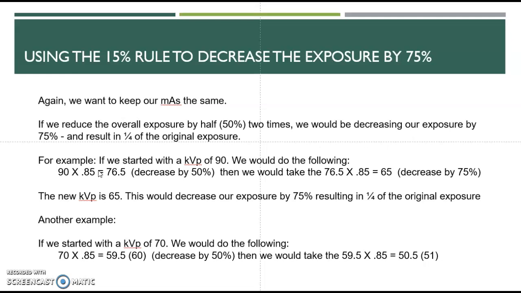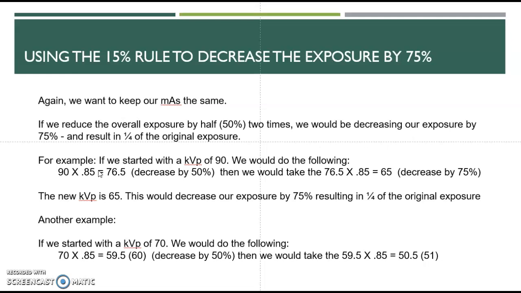We're going to take 90 times 0.85 to come up with a kVp of 76.5. This has decreased our exposure by 50%. Then we're going to take that 76.5 times 0.85, and we have a new kVp of 65. So this is decreasing our exposure by 75%. So the new kVp here would be 65.